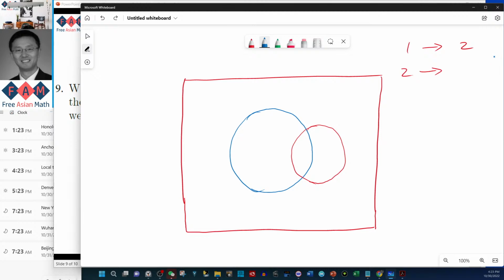So think about what this red circle does. It cuts the disk inside the blue circle into 2 portions, right? This is the first one, and this is the second one, completely inside the blue circle. The same thing for the region outside the blue circle. Both are cut by this red circle.